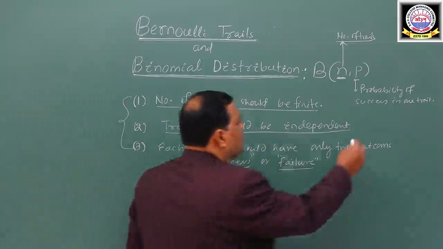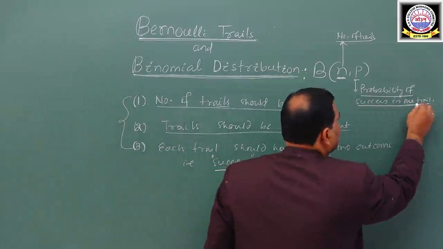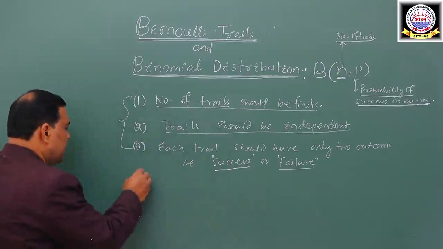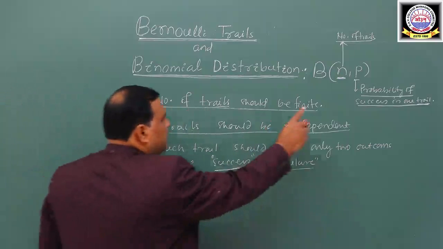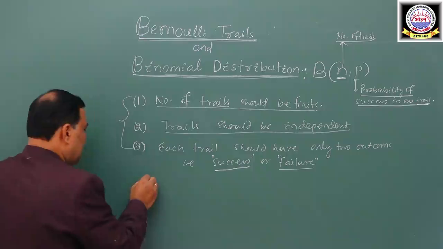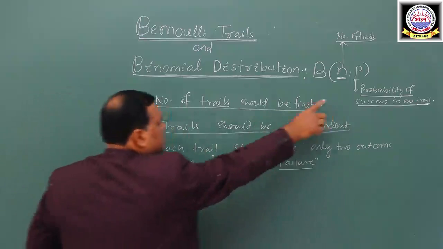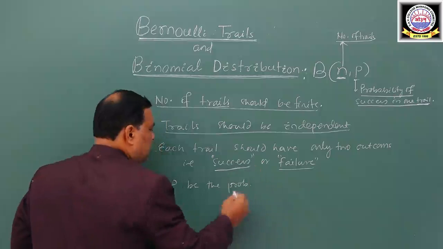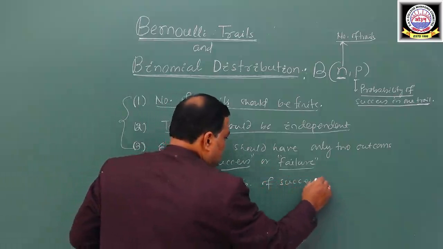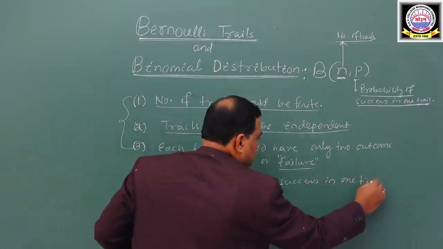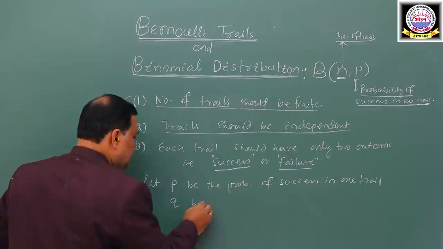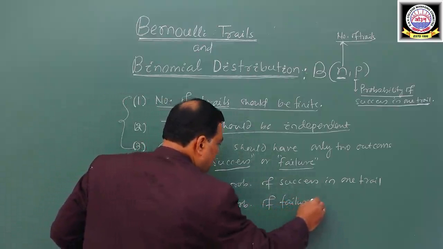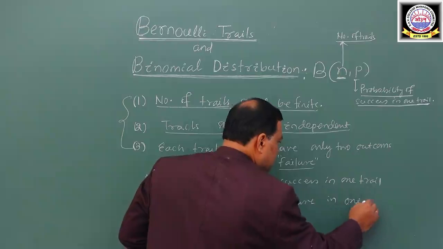So now look at it. The probability of success in one trial, because trials are independent of each other. Then I am writing why it is called binomial distribution. Let p be the probability of success in one trial, and q be the probability of failure in one trial.